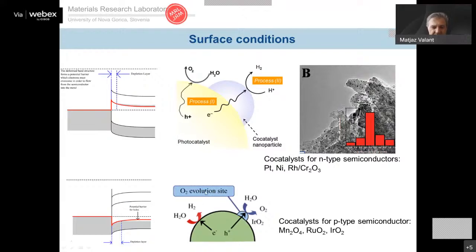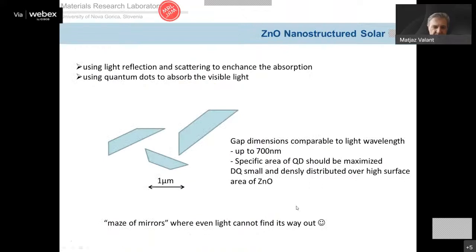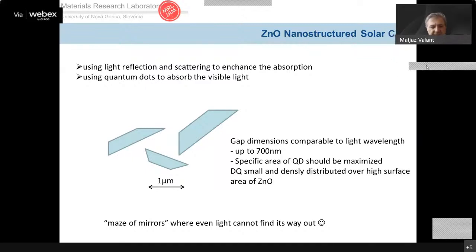So just one example, just to show that we have a lot of different mechanisms really to increase the efficiency of the materials that we are developing. So this is zinc oxide. In this case, it has been investigated as a potential material for solar cells. But as we heard before, it is pretty much the same issue.